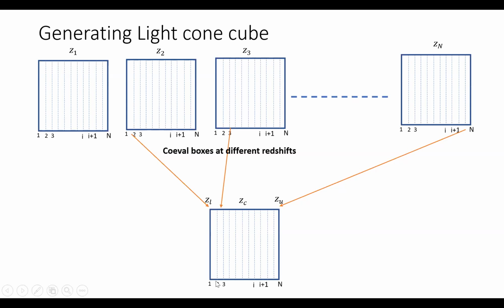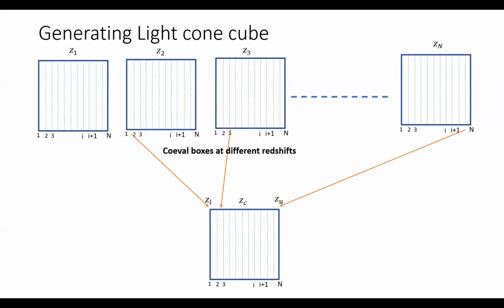Correct. And then 2 to 3 the same slice. So if you want to be more correct, it's better if you have more and more slices. Correct. Then the gap between 1 and 2 will be lesser and lesser, and you are heading towards more accurate light cone simulation.